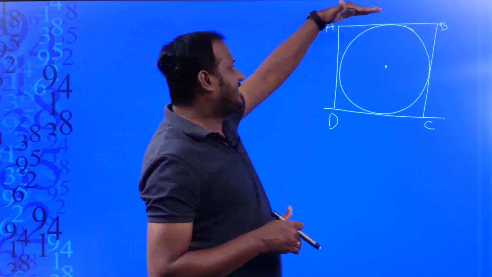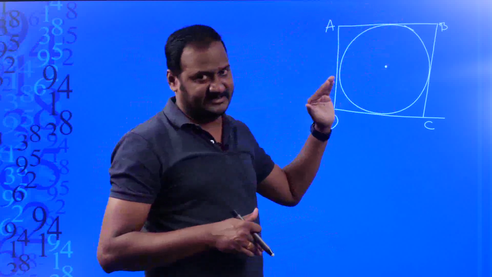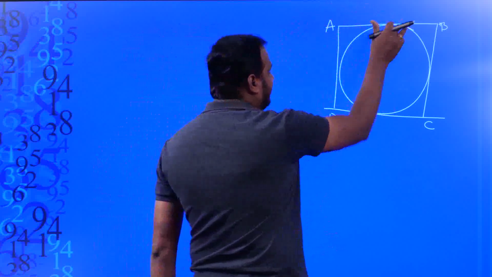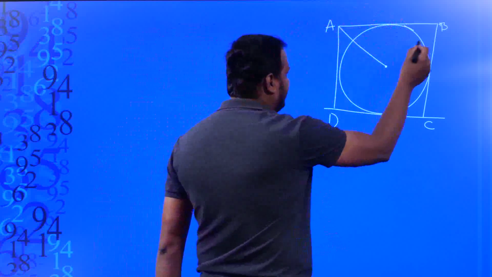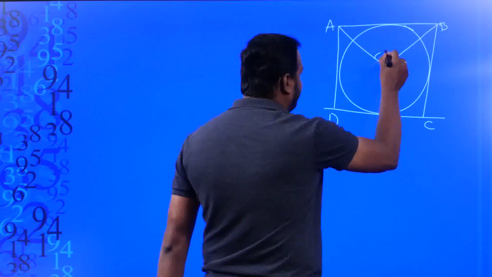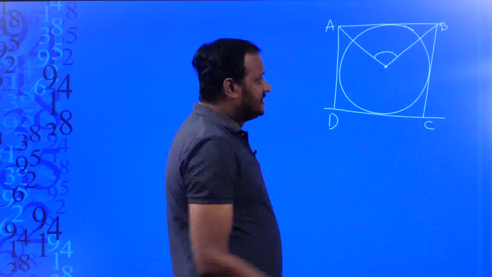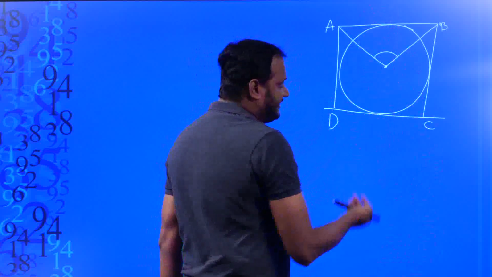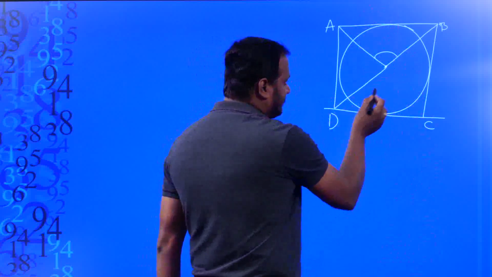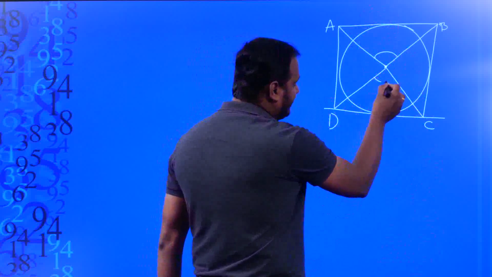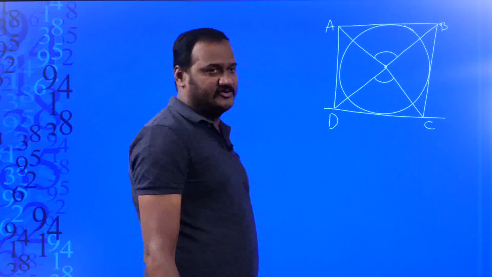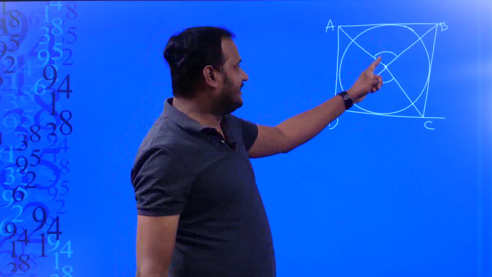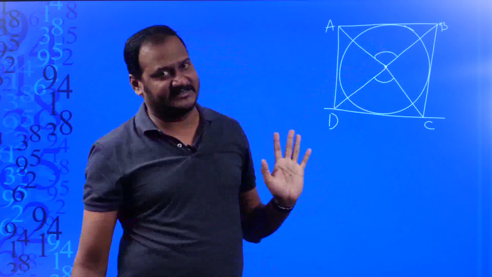It means AB and CD are opposite sides. So AB side is subtending an angle at the center, this is the angle made by AB at the center. The side opposite to AB is CD, so CD is one more side which is making another angle at the center. Now you are going to prove that this angle plus this angle is equal to 180 degrees.